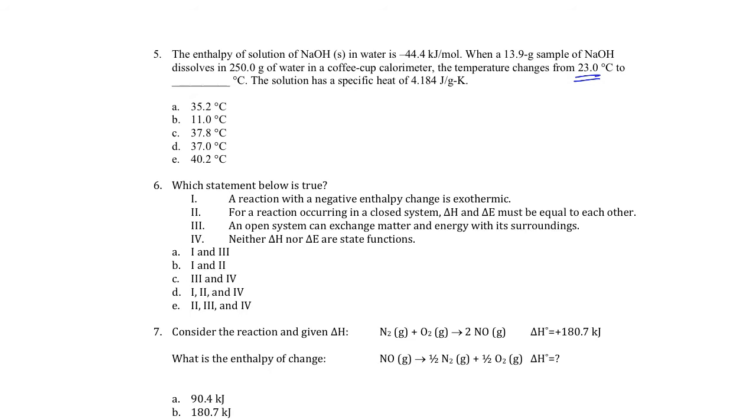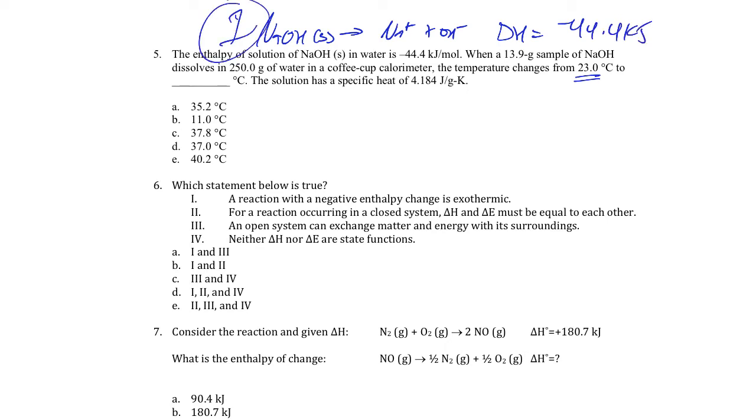Okay, so first things first, let's think of, maybe, I don't know if we have to think of the reaction. This is just saying sodium hydroxide solid dissolves into its ions in water, and the delta H would be minus 44.4 kJ. There's 1 mole of sodium hydroxide, so minus 44.4 kJ per mole.